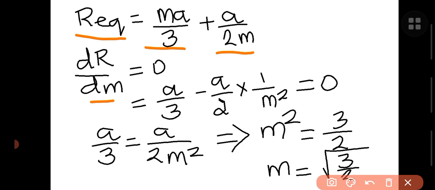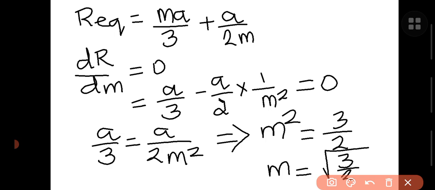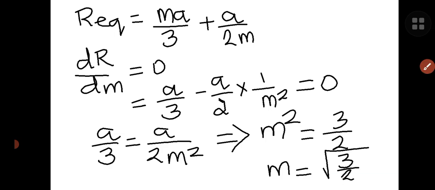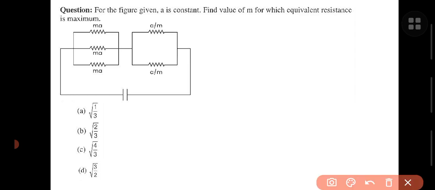After differentiating and equating to 0, we get A by 3 equal to A by 2M square. From this equation, we find M as square root of 3 by 2. Square root of 3 by 2 is our answer. So the answer is option D, square root of 3 by 2.